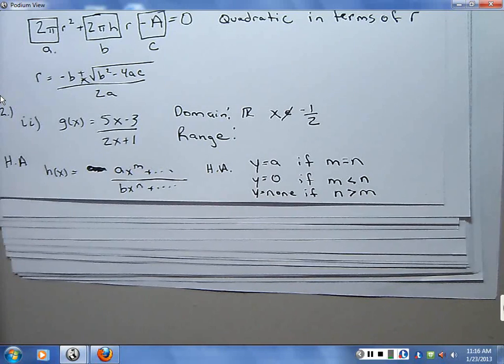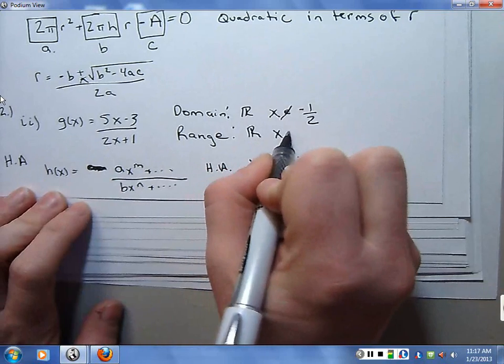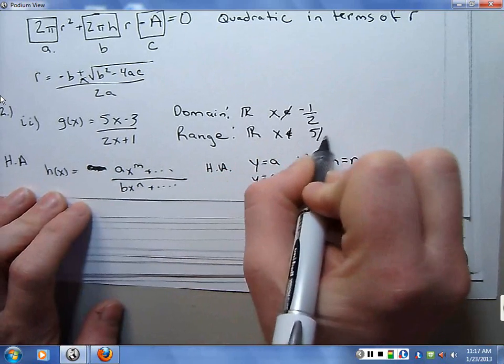No horizontal asymptote when the numerator is greater than the denominator. y equals 1 over x looks like this, and it has a horizontal asymptote at y equals 0. If they're equal, the horizontal asymptote is at a over b. So here the horizontal asymptote would be 5 over 2, right? So the range would be all real numbers except y cannot equal 5 over 2.